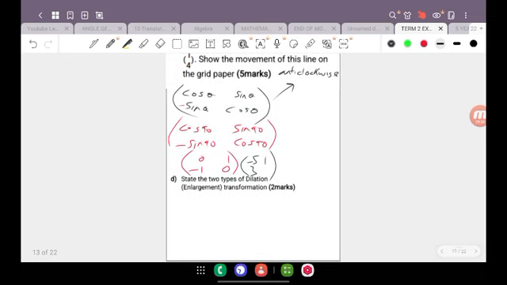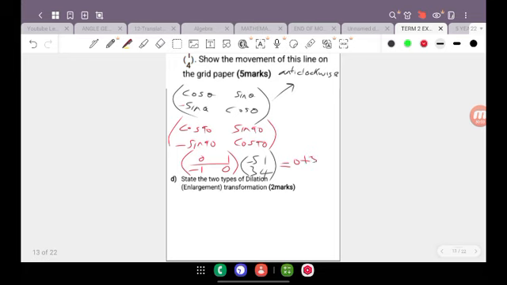Now, most of my students that are currently in my year group are in fact familiar with row by column. So if you go row by column here, then we're going to get 0 times negative 5, right? So this is matrix multiplication. 0 times negative 5 is 0, plus 1 times 3 is 3.